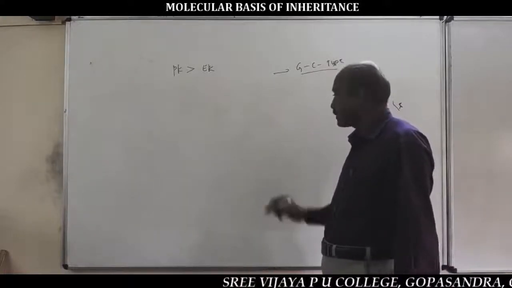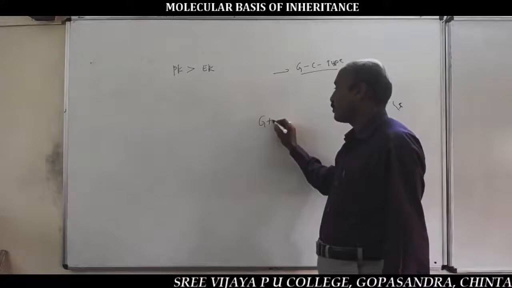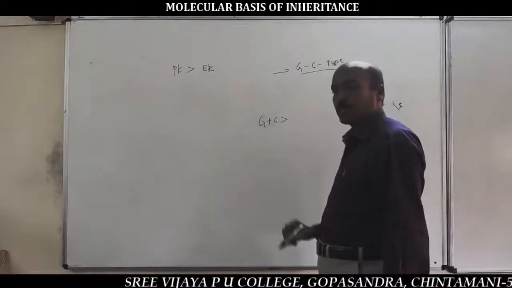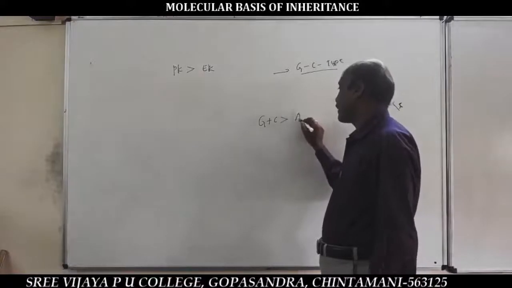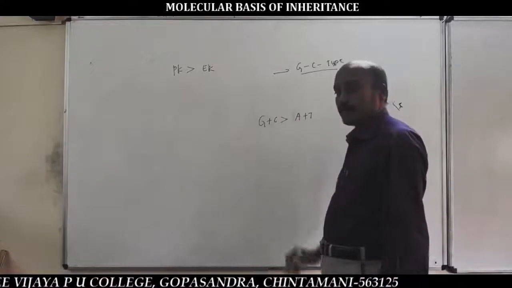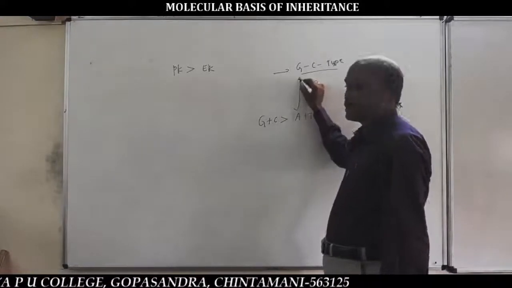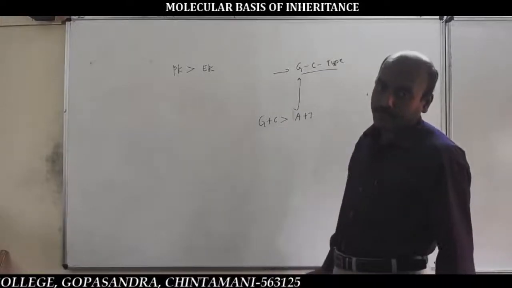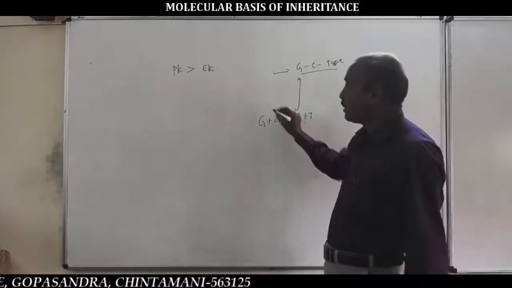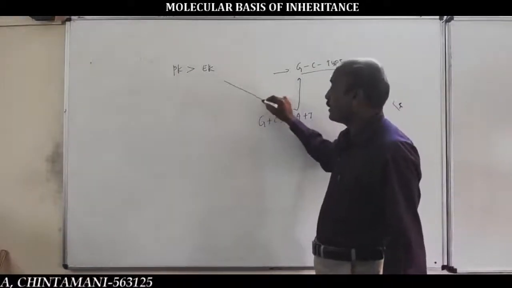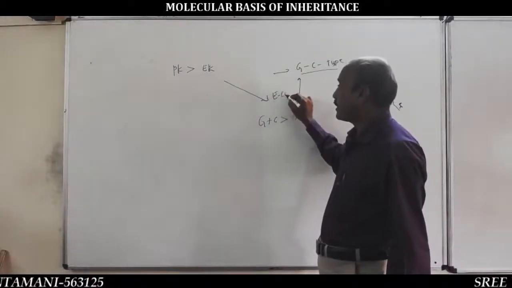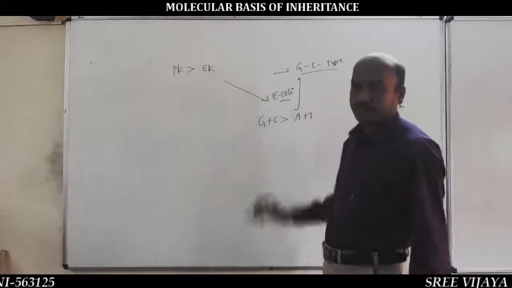This is because in prokaryotes, guanine and cytosine are more abundant than adenine and thymine. This type of DNA is called GC type DNA. An example is prokaryotic DNA, especially E. coli, Escherichia coli bacterial DNA.